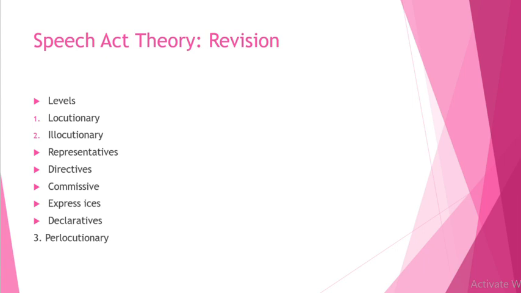So we learned that speech act theory has three levels according to Austin, and I'm going to tell you the definitions of these. Again, locutionary acts are the utterance of a sentence with a determinate sense and reference. Then we have illocutionary act.